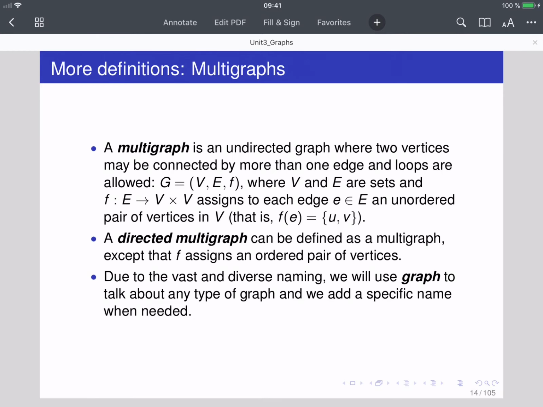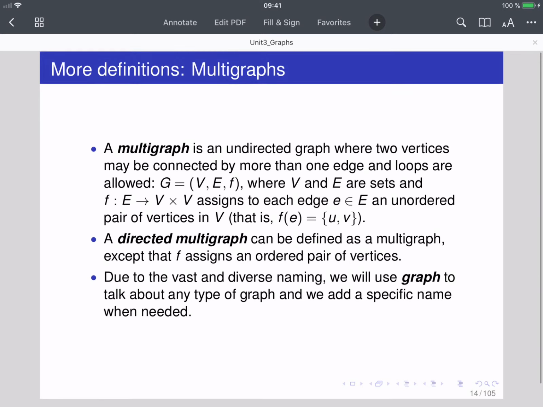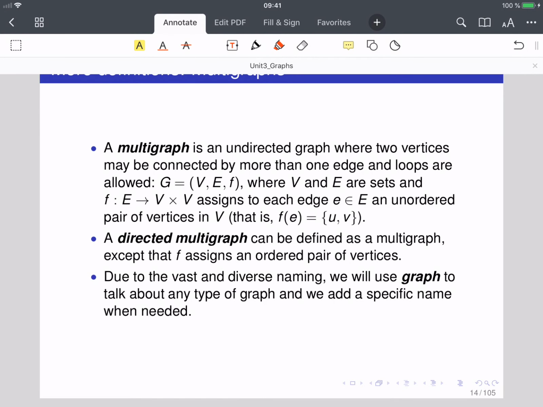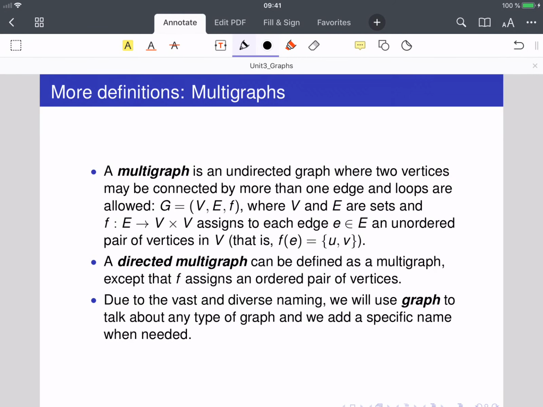So if we have a connection between, for instance, vertex 3 and 5 and another between 3 and 5, we don't know which of the edges is the one that we are referring to.